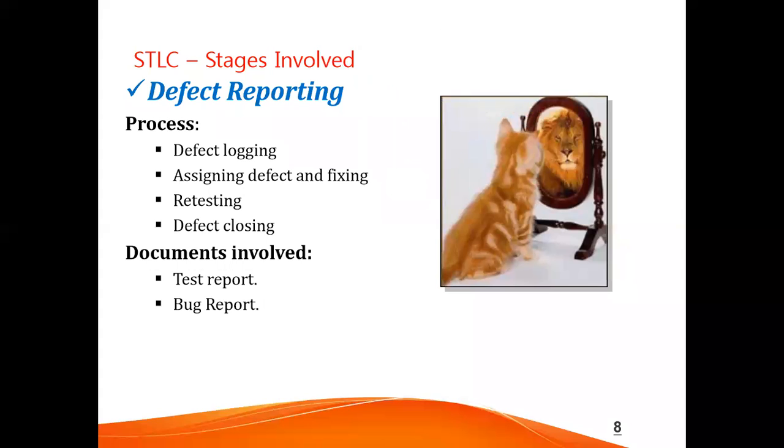So this is defect reporting. We already talked about it. We have bug reporting tools like Jira, Bugzilla and QC, many tools in the market. There we need to raise the bug.